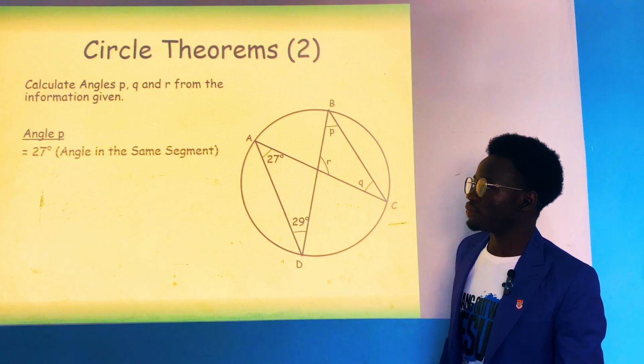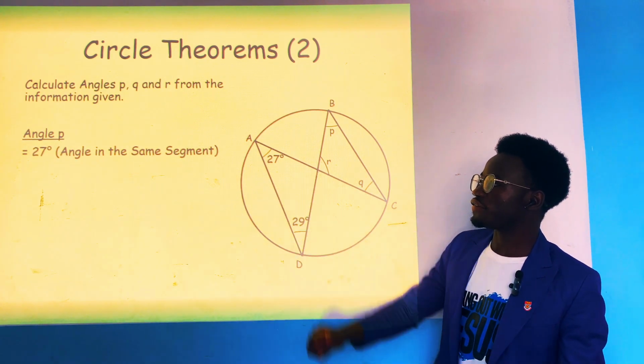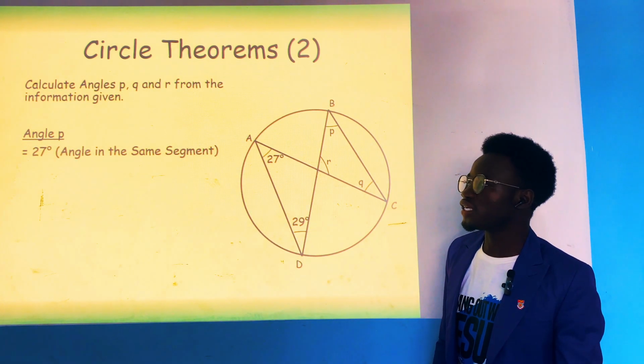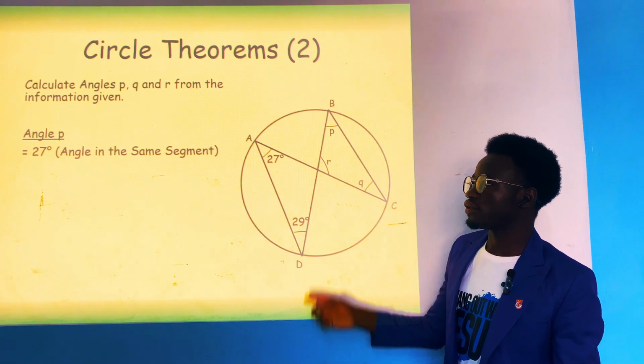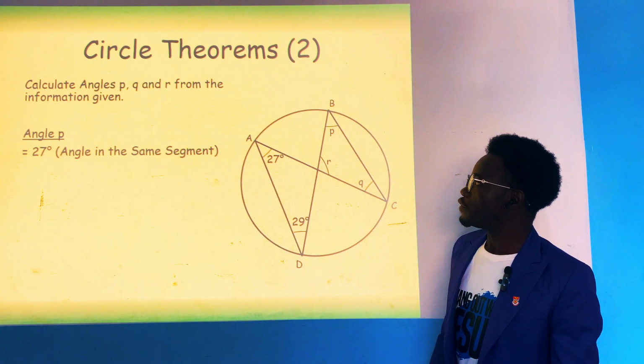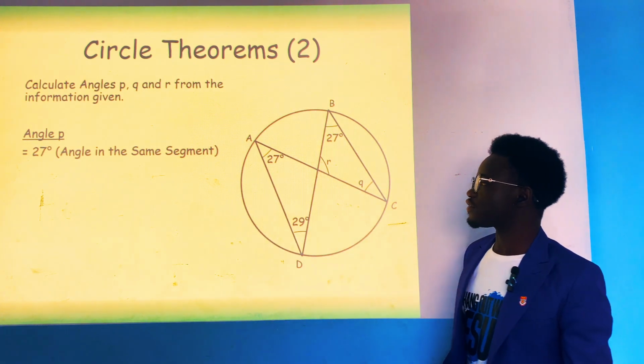So when you look at angle P, it is also 27 degrees, because they are all in the same segment. So it means P is 27.